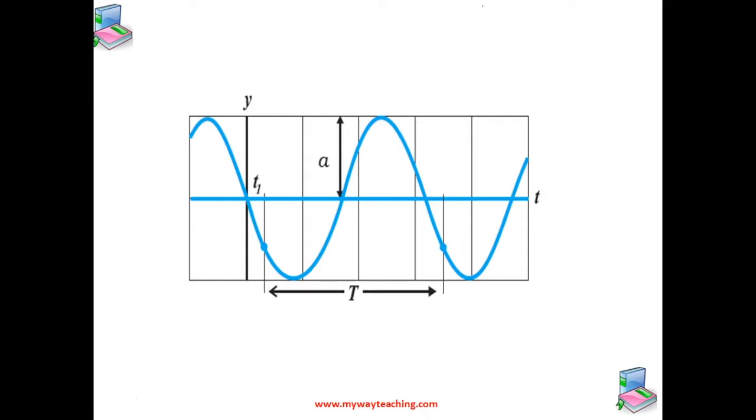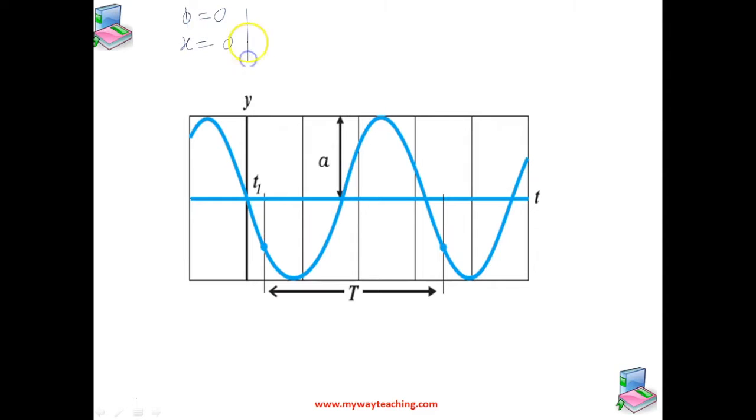It describes not the shape of the wave at a certain instant but the displacement of an element of the medium as a function of time, which means in the displacement equation y of x,t with phi is equal to 0, you just monitor the motion of the element at x is equal to 0.